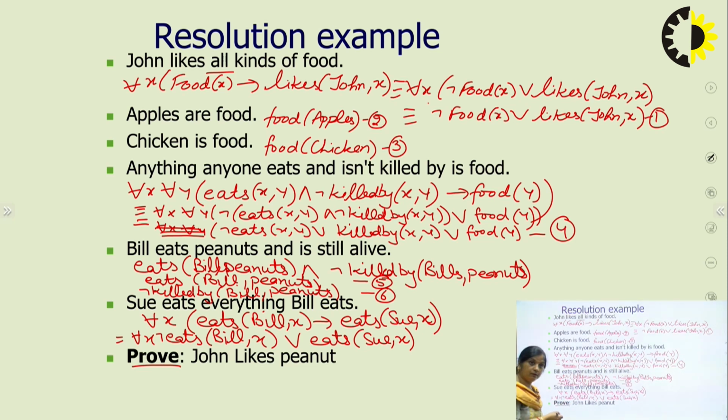Then we see that the quantifiers are on the left. No standardization of variables is required because there is only one variable X. Now we will move all to the left. These are already there and there is only one quantifier, the universal quantifier. So no need of skolemization, we will simply remove it. So this is my next statement, let me call it 7.